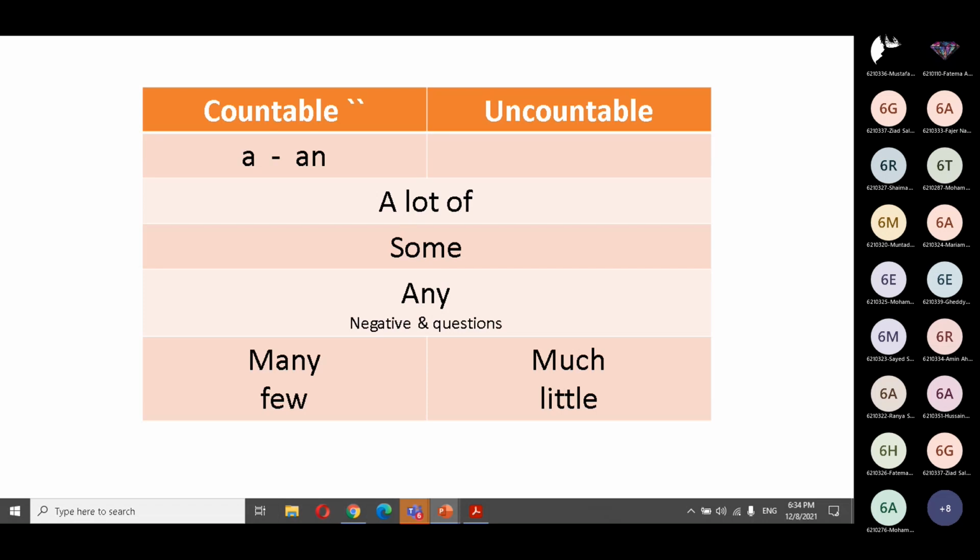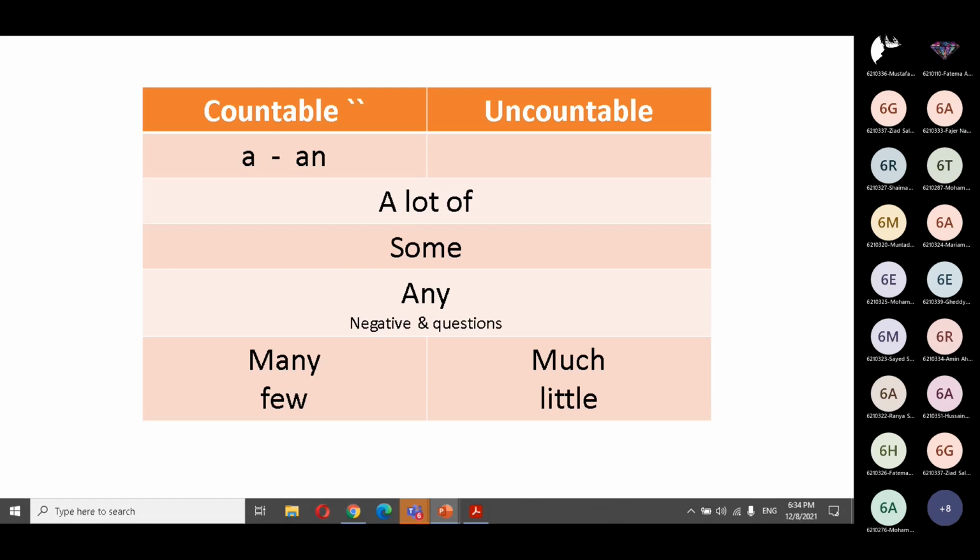A lot of students. Students countable. Okay? And you can say a lot of people countable. And you can also say a lot of money uncountable. So you can use a lot of with countable and uncountable.